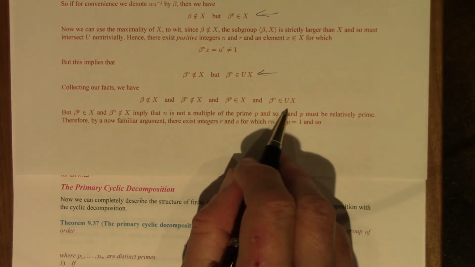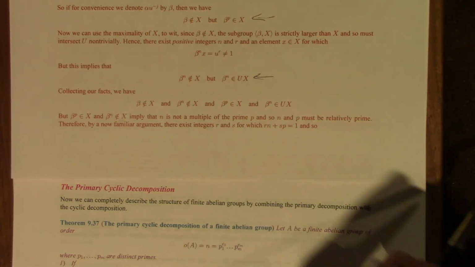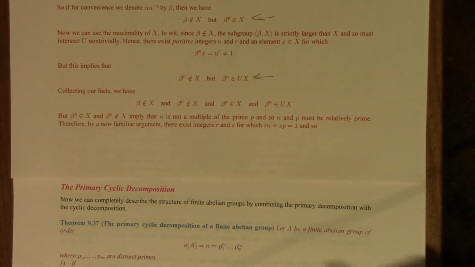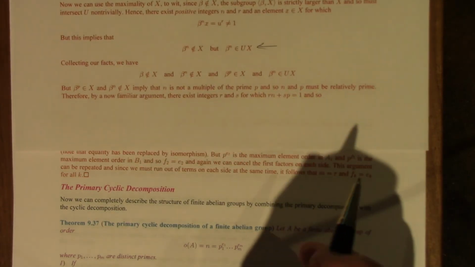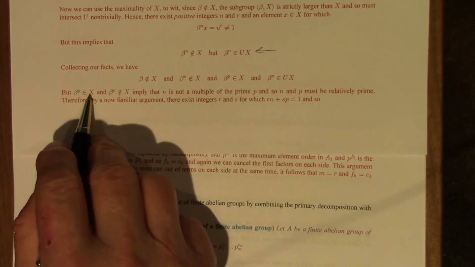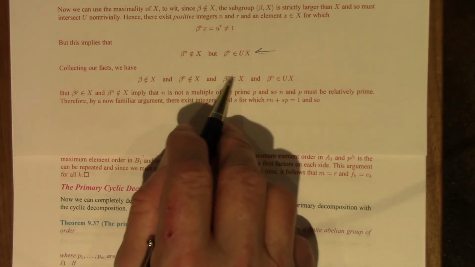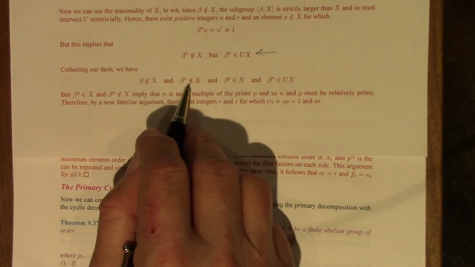And so we sit and stare at this and say, are there any combinations of these things that are going to tell us something? And I guess you guessed the answer is yes. Beta to the p belongs to x, that's this one, but beta to the n does not belong to x.